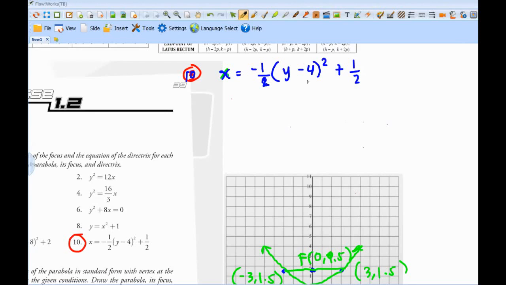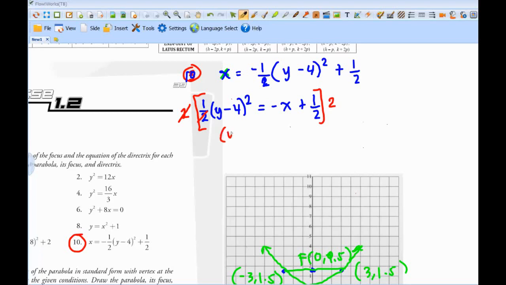So we will move this to the left side. It becomes positive half (y minus 4) squared equals negative x plus half. But since there is a half here, we will multiply both sides by 2, so it cancels out.